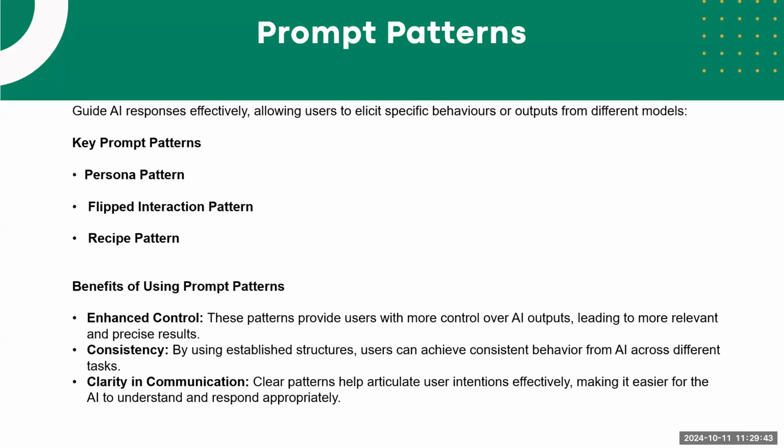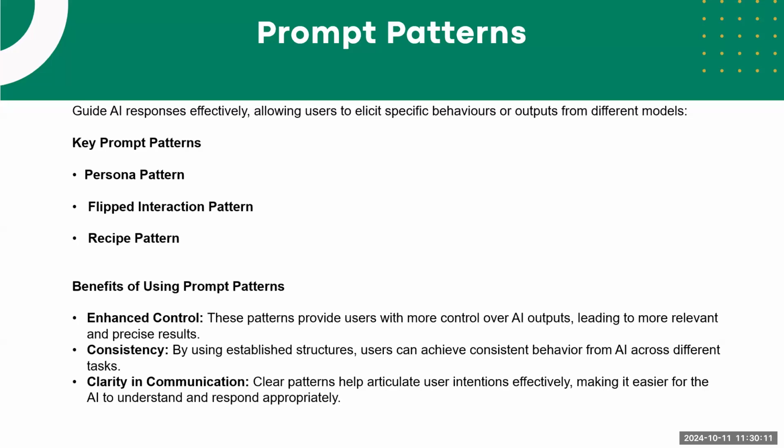The persona, where you tell the AI, I want you to adopt a particular personality. The flipped interaction pattern, where the AI will ask you questions in order to develop an answer for you. And then the recipe pattern, which will give you step-by-step output on how to achieve a particular outcome.